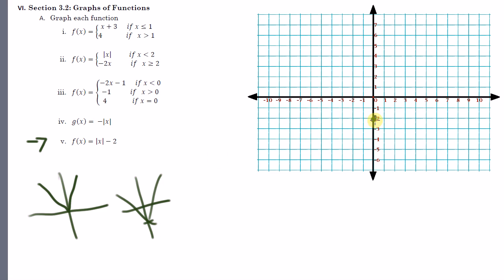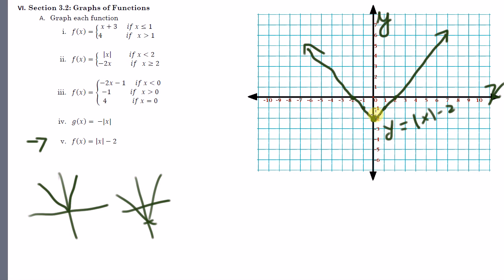So this is now my vertex, and over 1 up 1, over 1 up 1, over 1 up 1, over 1 up 1. And we draw a V. Something like that. And y is equal to the absolute value of x minus 2. And label my axes. So something like that.